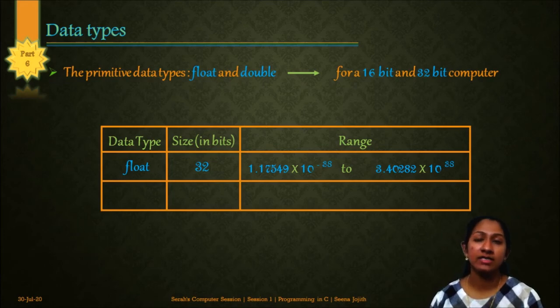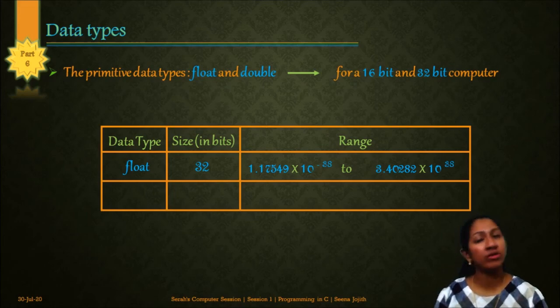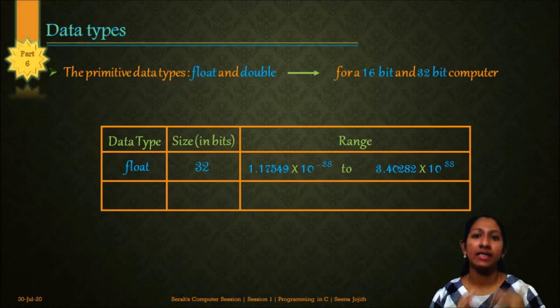That is the reason why I have personally decided to separate those topics from my class of data types. I will be taking floating point representation separately, and at that point I will explain everything related to floating point numbers clearly.